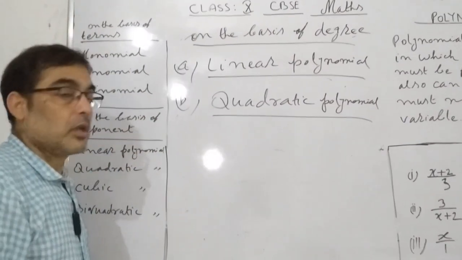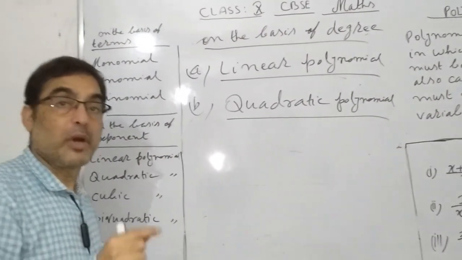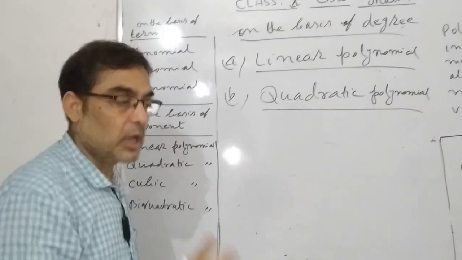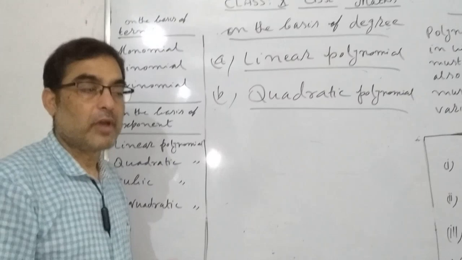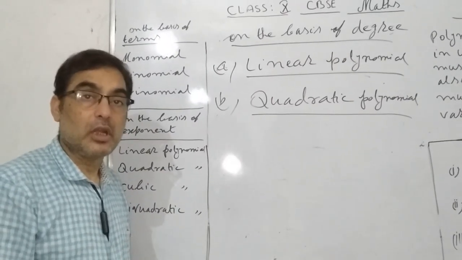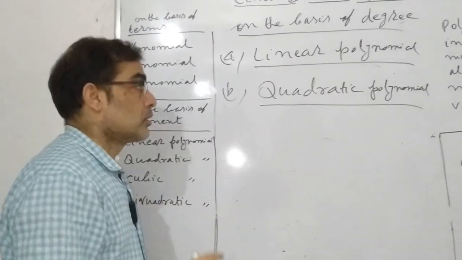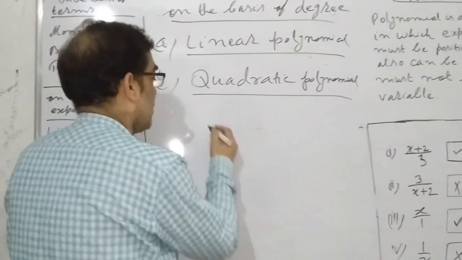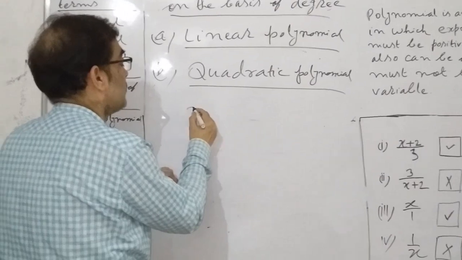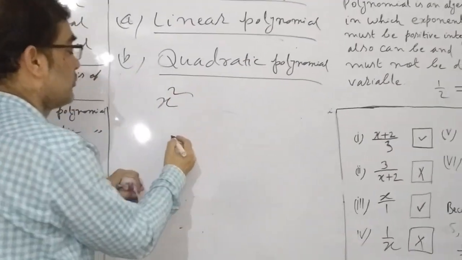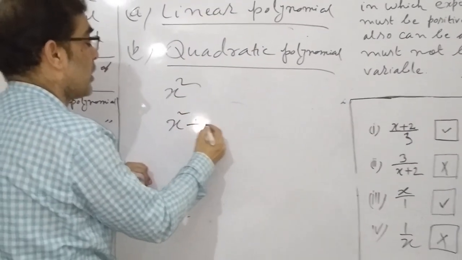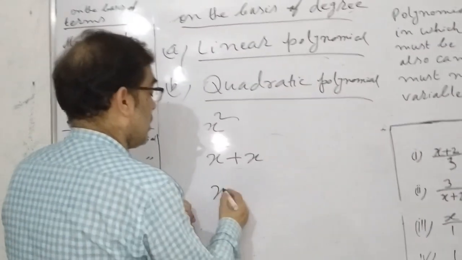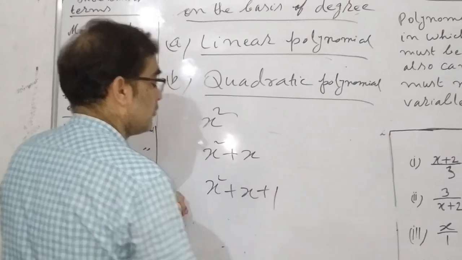The polynomial in which the variable has degree 2 will be called quadratic polynomial, for example, x square, x square plus x, x square plus x plus 1.